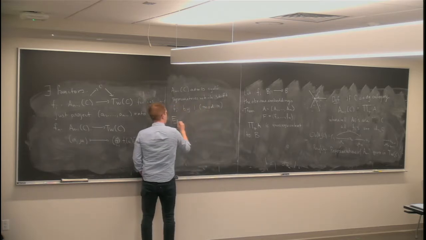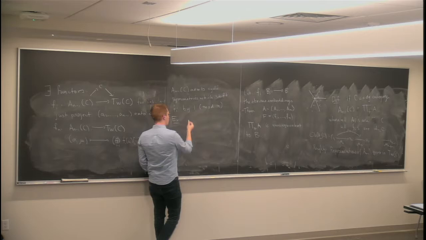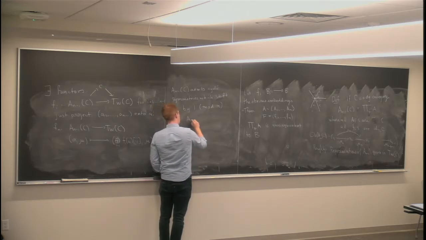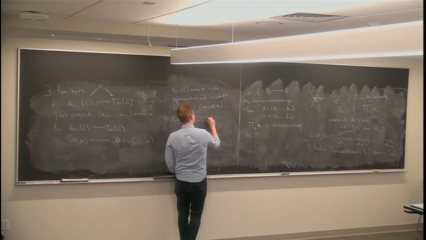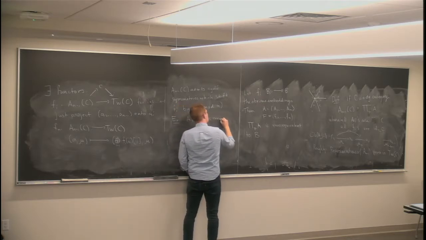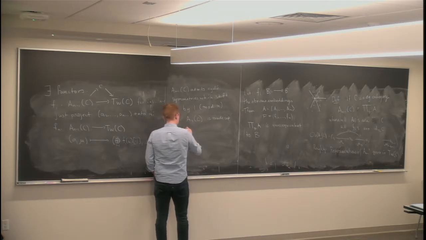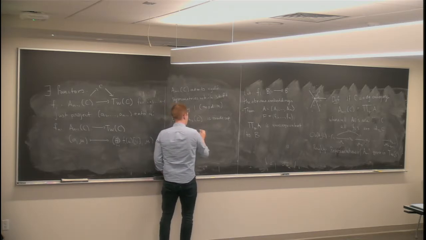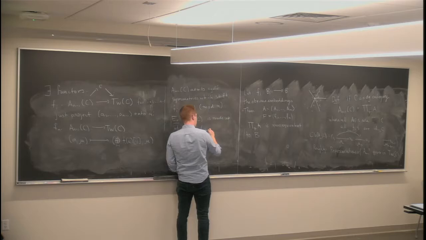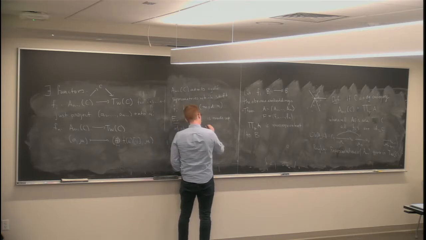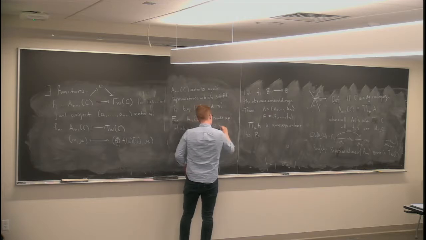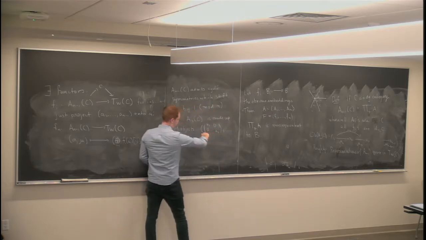So for instance, if we take the category A_3(C), this is going to be made up of objects which are just basically pairs, let's say A_1, A_2. Let's write this as matrices. Okay, so that's what the objects look like.